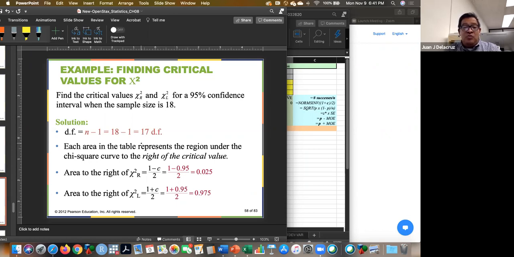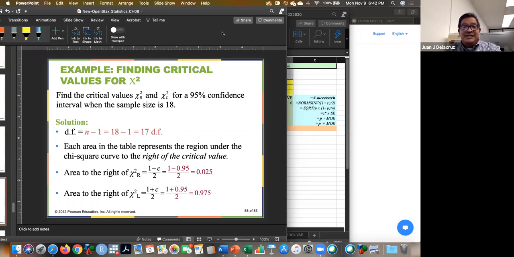Remember, it's n minus 1. Each area in the table represents the region under the chi-square curve to the right of the critical value, right? So the area to the right of the chi-square right is going to be defined by 1 minus the confidence level divided by 2.